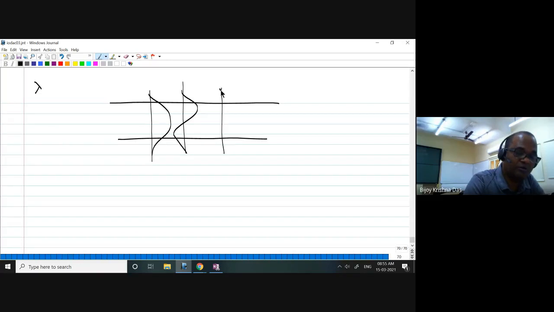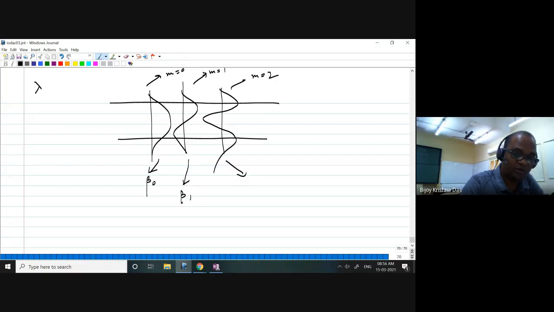So this corresponds to m equal to 0, this to m equal to 1, this to m equal to 2, and this corresponds to beta naught, this to beta 1, this to beta 2, and this is the same frequency omega. 3 modes are there, right? You can get a solution, right? D is given. This is a 1D waveguide.